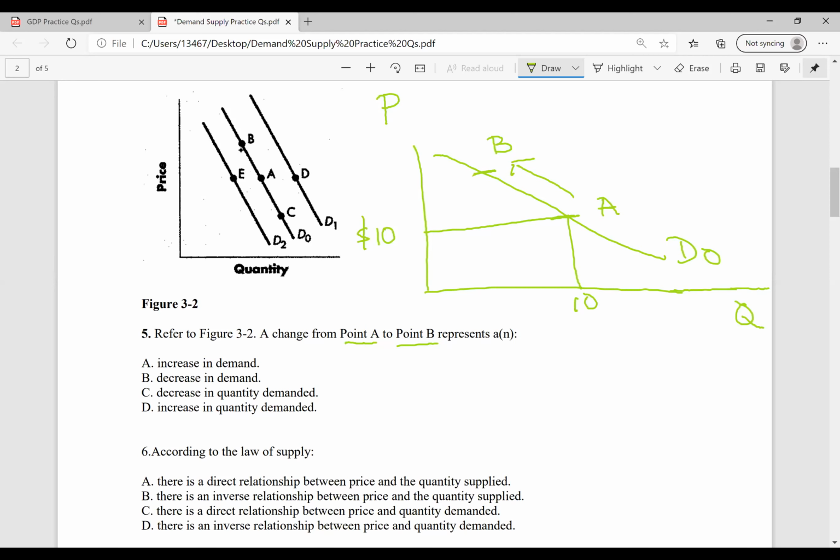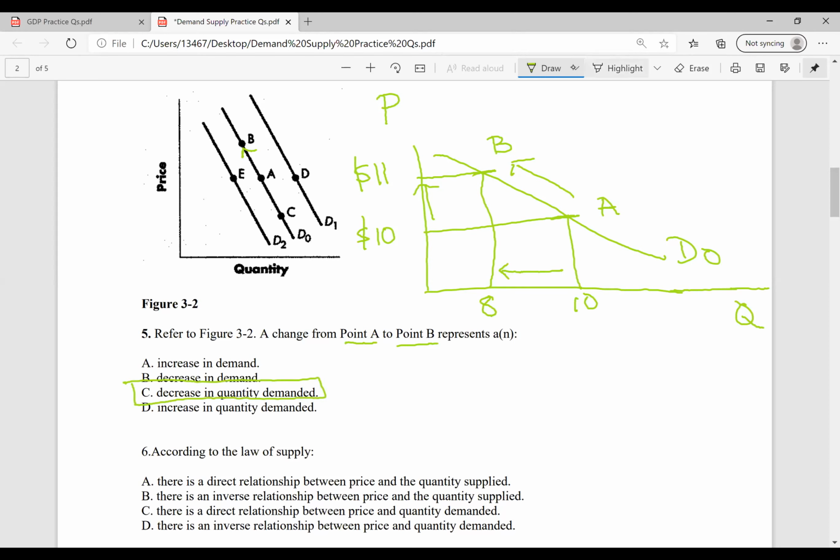If I go from point A to point B, as this question is asking me to do, what goes on? The quantity demanded goes down from 10 units to 8 units. Price increases from $10 to $11. So my answer to this problem is there is a decrease in quantity demanded.